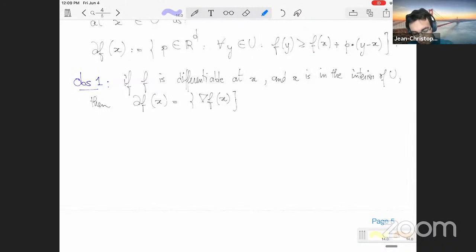What other thing do I want to say? Yeah, there's some sort of closure property of these subdifferentials. So let me write this as well.